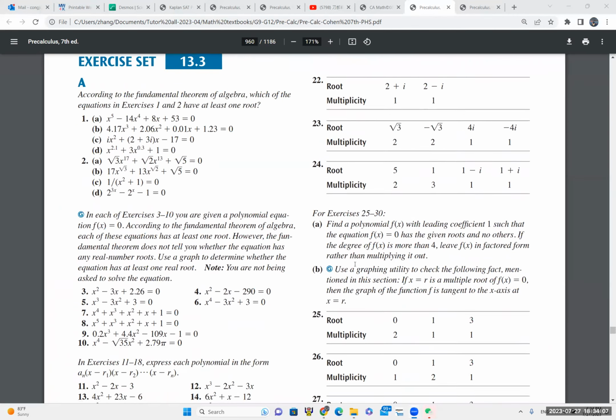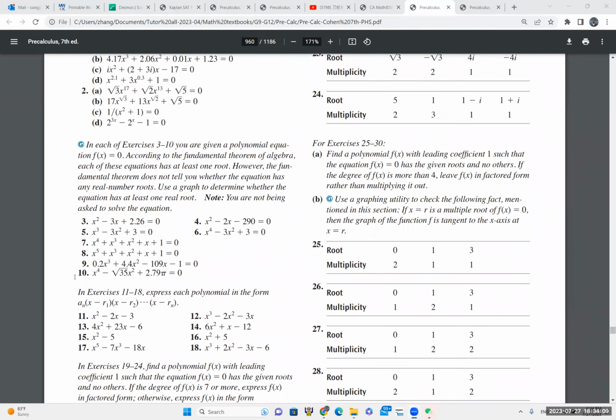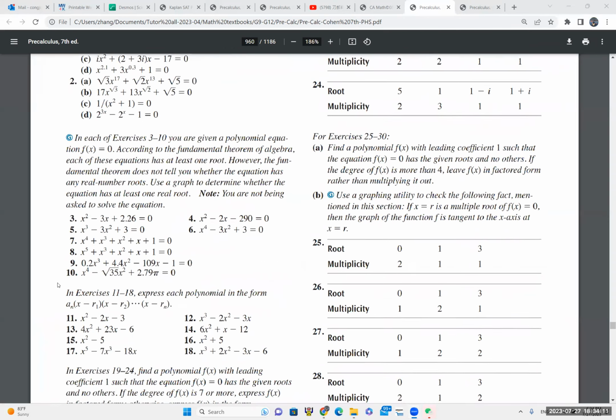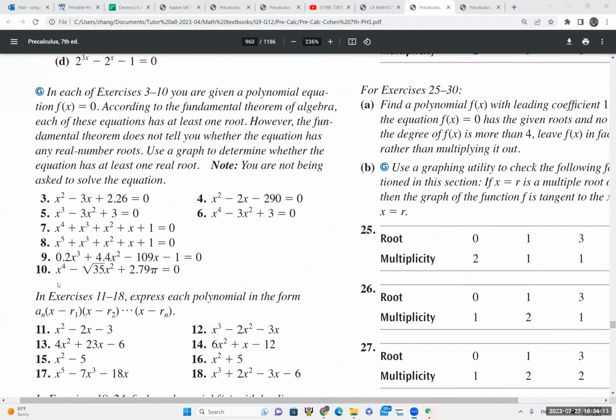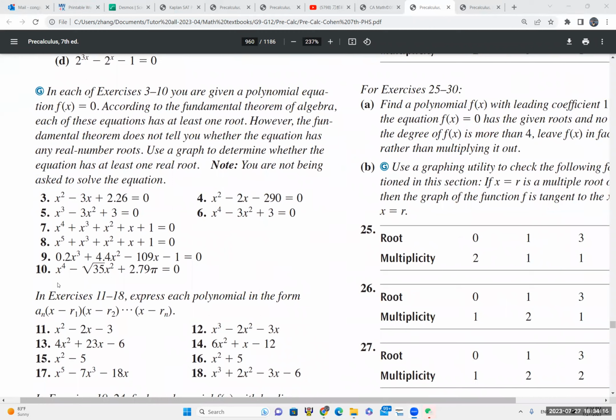Anyway, now let's do some exercises. How about problem 7? You are given a polynomial function. However, the fundamental theorem doesn't tell you whether the equation has any real number roots. Use a graph to determine. You are not being asked to solve the equation.